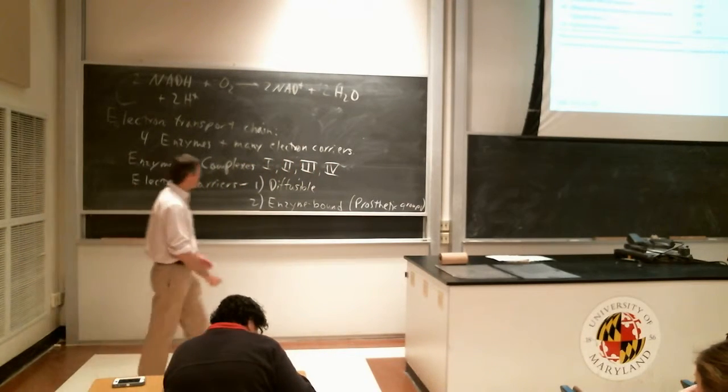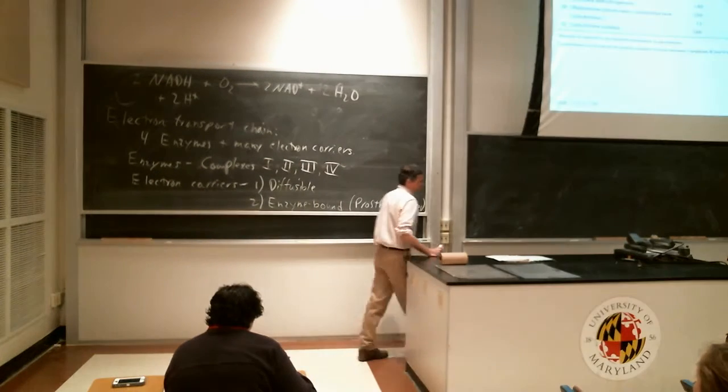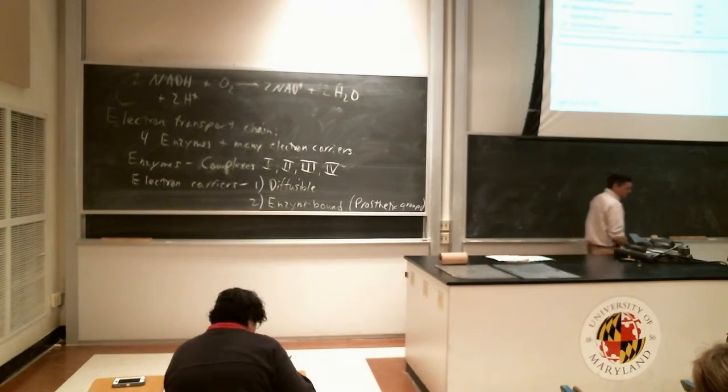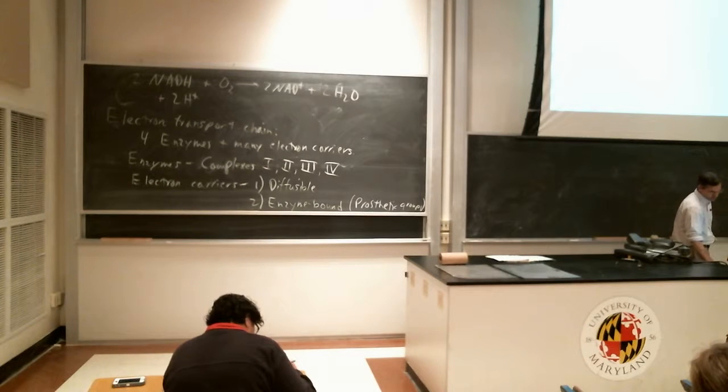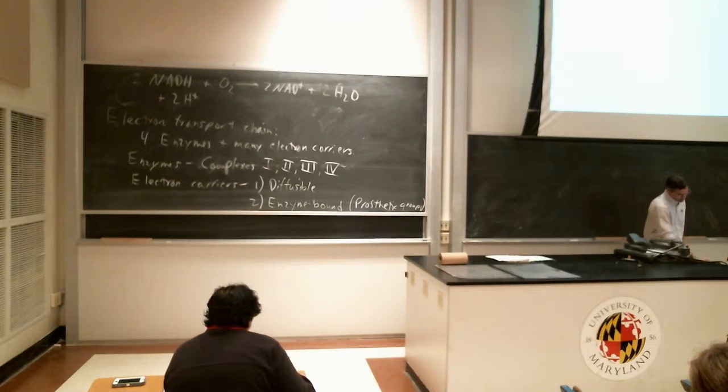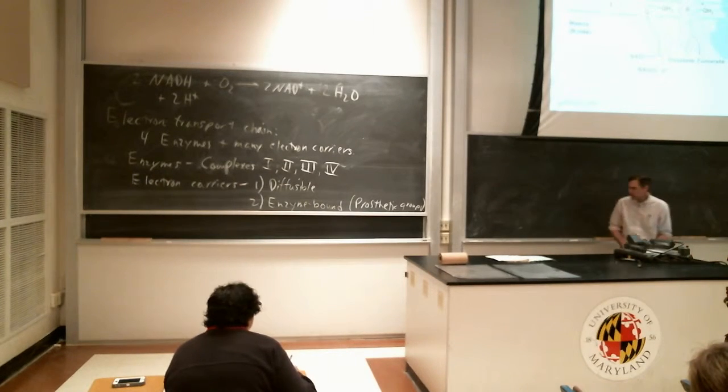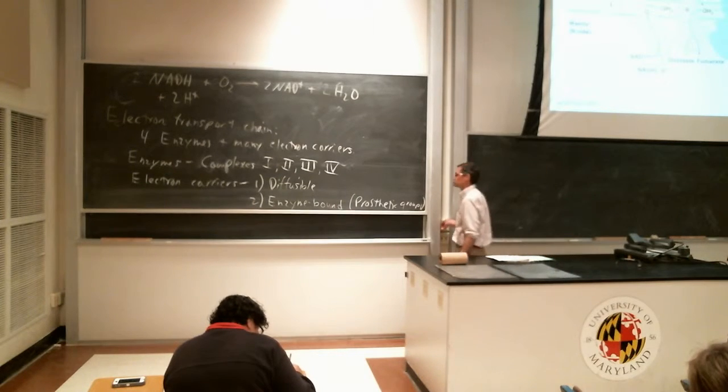Again, all these substances are to get electrons from NADH to oxygen. So I can go back to this figure. Let me start with a diffusible one.